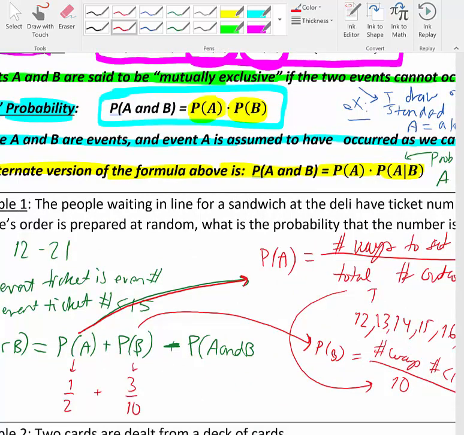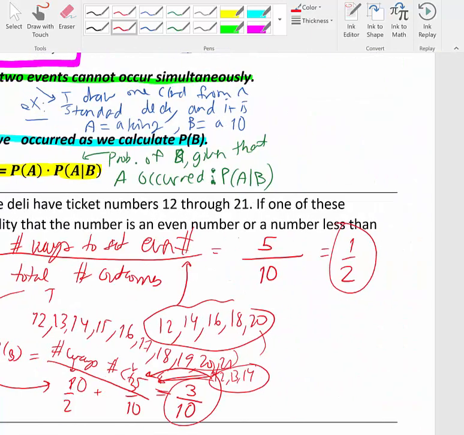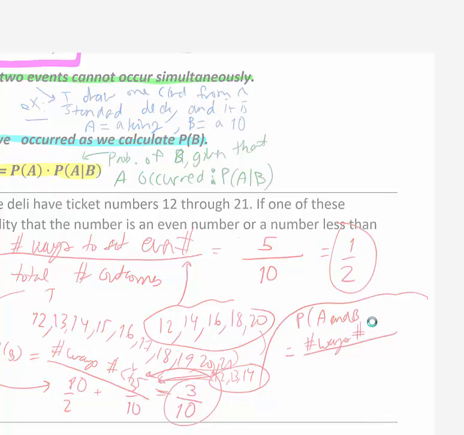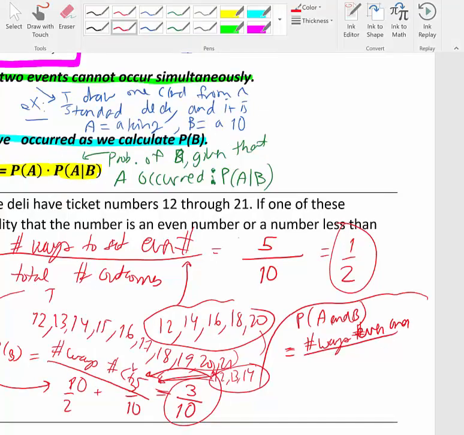Now let's calculate the probability of A and B. That's the number of ways you can have both. The number needs to be even, and also less than 15.